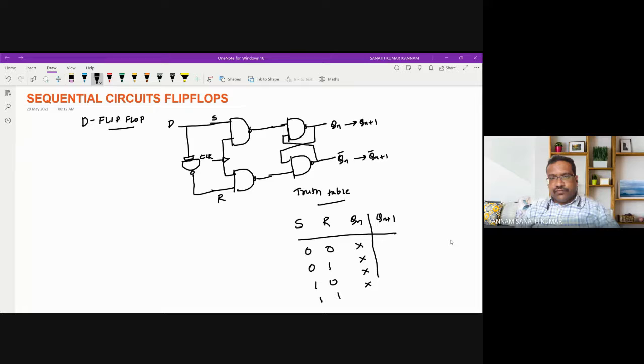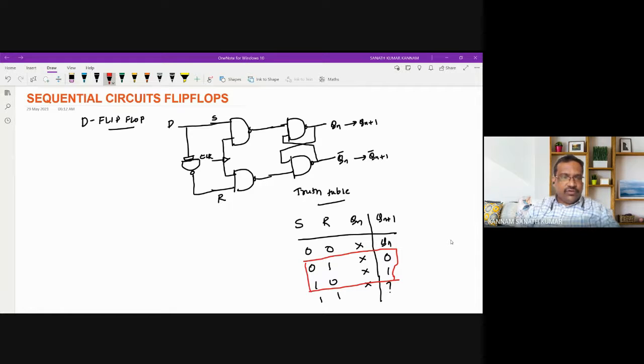When S and R are 0, 0, you get no change, Qn. For 0, 1, you get 0, the reset state. For 1, 0, you get 1, the set state. And 1, 1 is the indeterminate state. So we are using these two conditions, the set and reset states, that is, S equal to 0, R equal to 1, and S equal to 1, R equal to 0. We will analyze this.